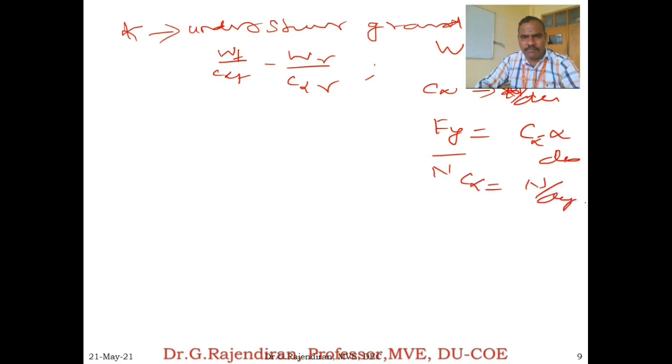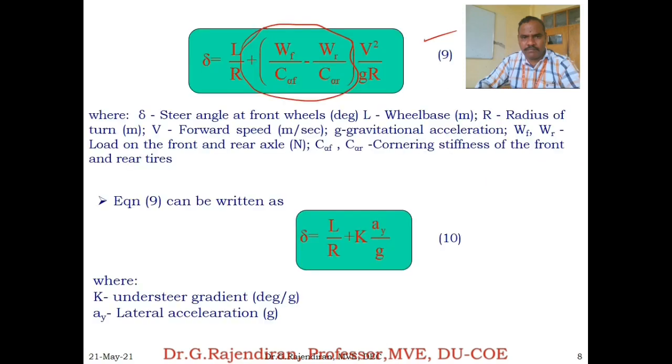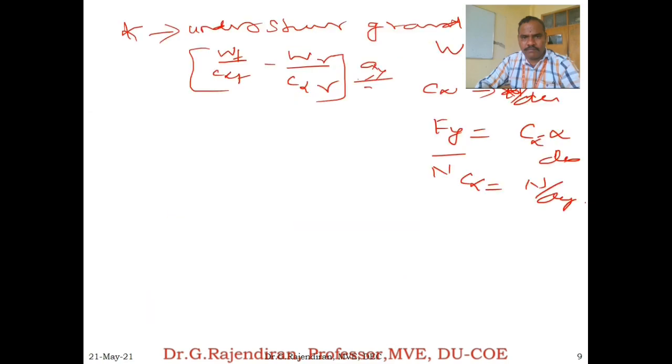Correct? And there is one more term multiplied with this. What is that one? AY by G, when applicable in the equation. Correct? AY by G. This G you have to take it here. So the unit coming here is degree per G. Degree in G units.